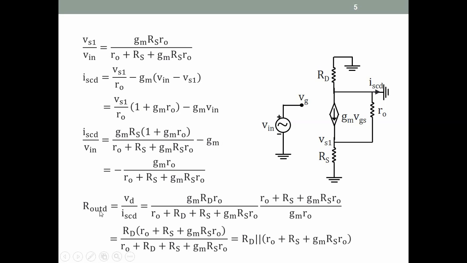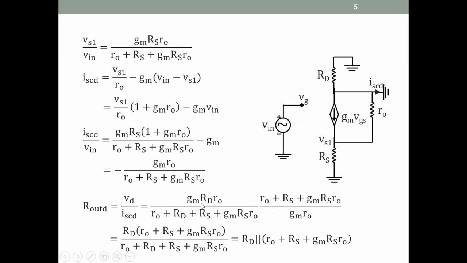And then the output resistance looking into the drain is the Vd we derived divided by the Iscd. So this is Vd by Vin, and this is Iscd by Vin, the inverse of it. Have we solved all this? Okay, so Gm Ro cancels.